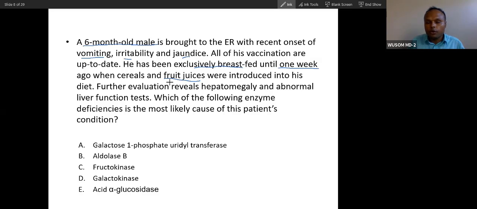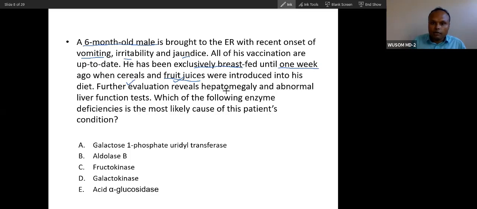After 6 months, generally we give the baby food, starting normal grains and other things, similar to adult food. In that regimen, the baby was given fruit juice and cereals.